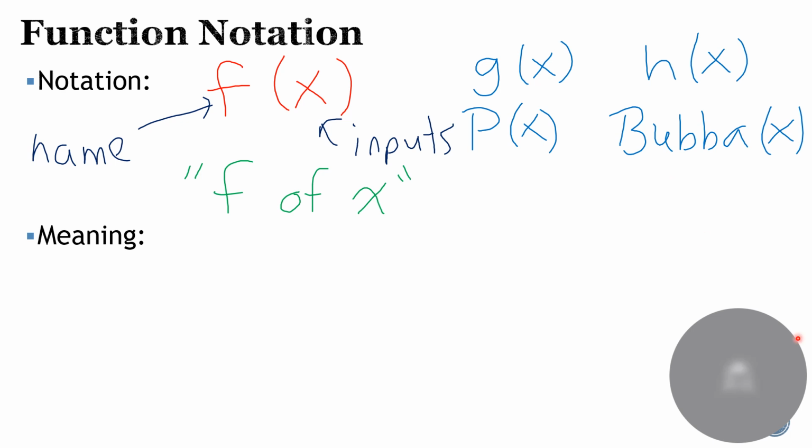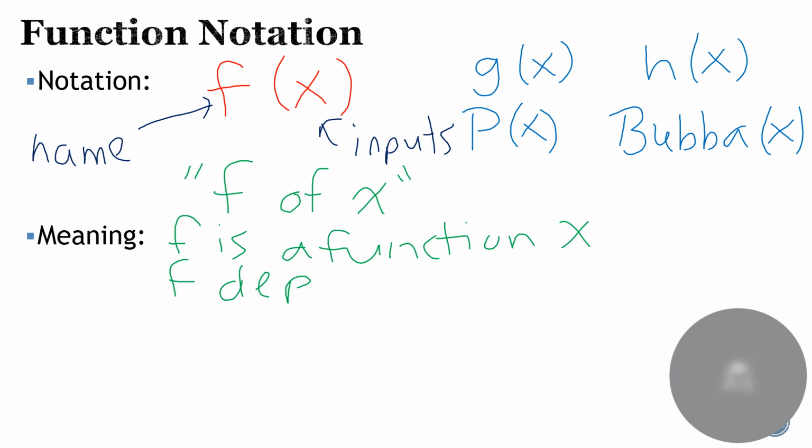Now, what does it mean? Actually, what it means is that the particular relationship you're dealing with is a function, but it means that f is a function of x, or you might be more comfortable with f depends on x.